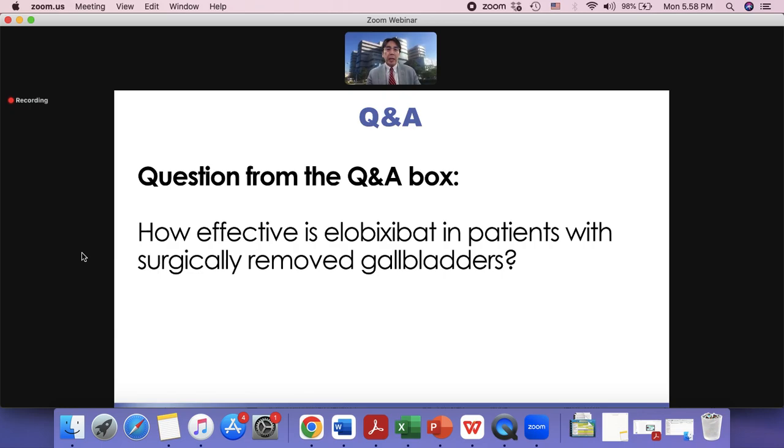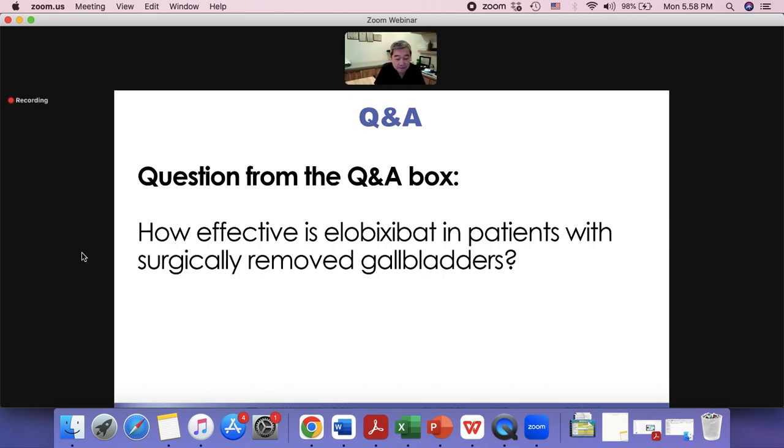So the increased bile secretion is observed. That's why Elobixibat is effective for those who have had their gallbladders removed.